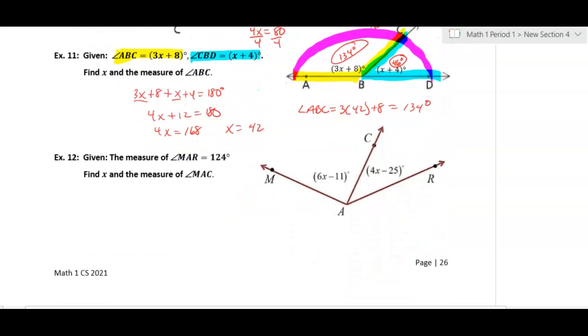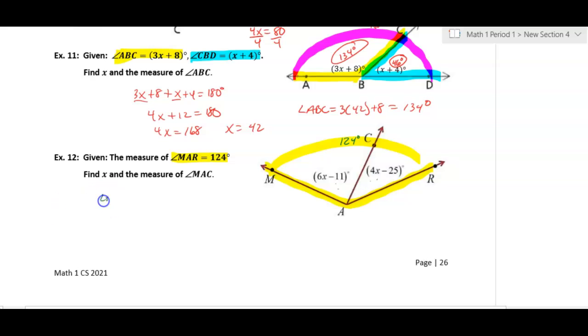All right. The next one. You're given the measure of angle MAR, right? And if I look, angle MAR, M-A-R, I trace it as I see it. It's this angle here. That angle is going to be 124 degrees. So right away, to find x, I know that I'm going to take these, add them together to give me that big angle.